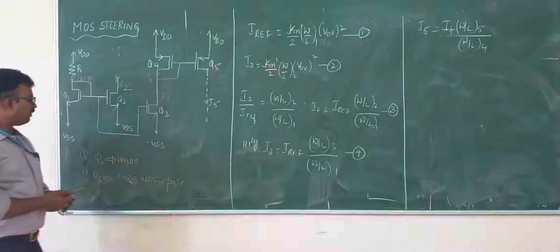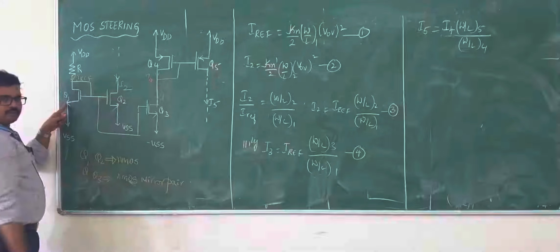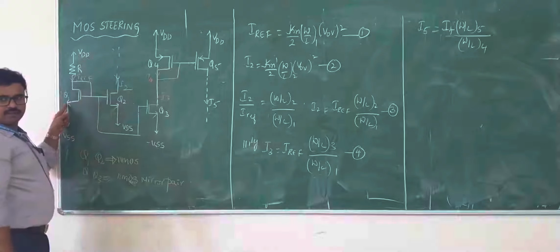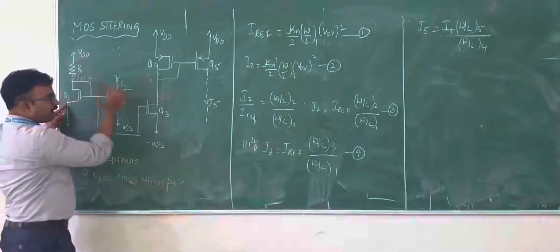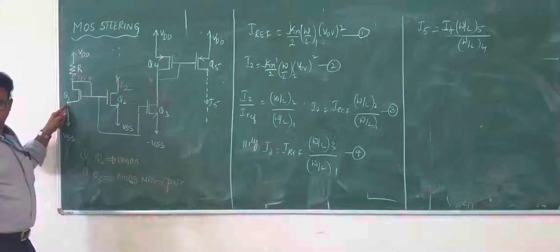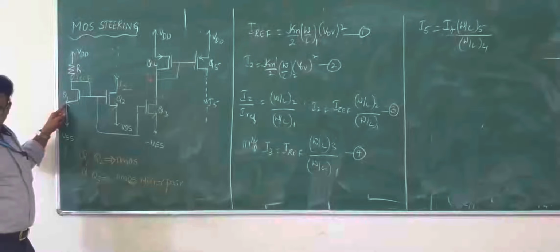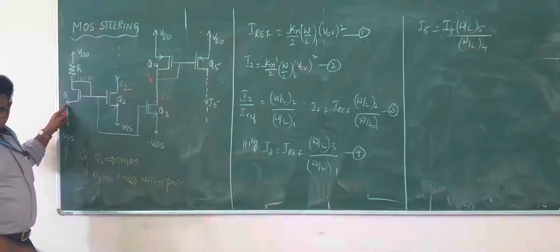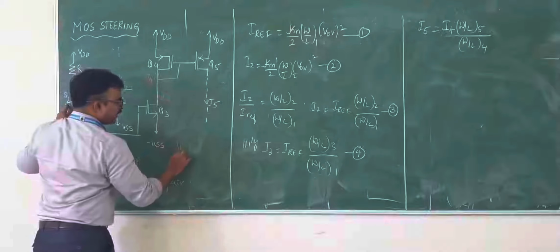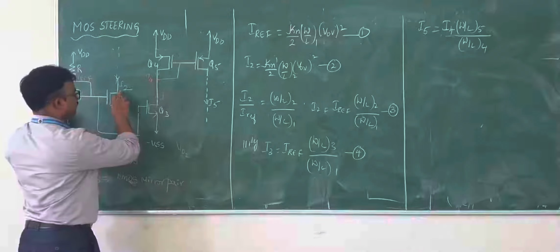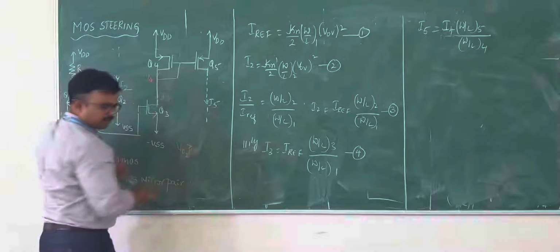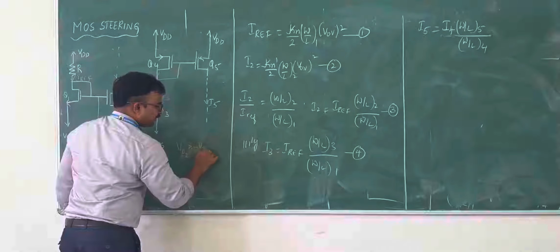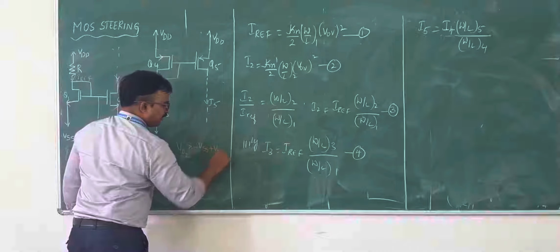To analyze the circuit, Q1 and Q2 have to be in saturation. Similarly, Q1 and Q3 also have to be maintained in saturation. What is the condition to be referred to here? VD2, the drain voltage of transistor 2, should be greater than or equal to minus VSS plus V overdrive.